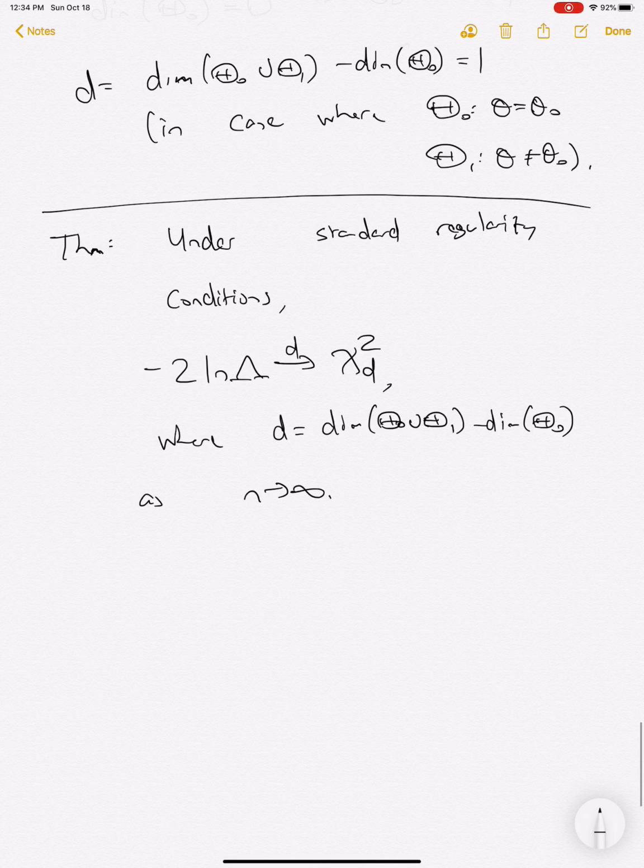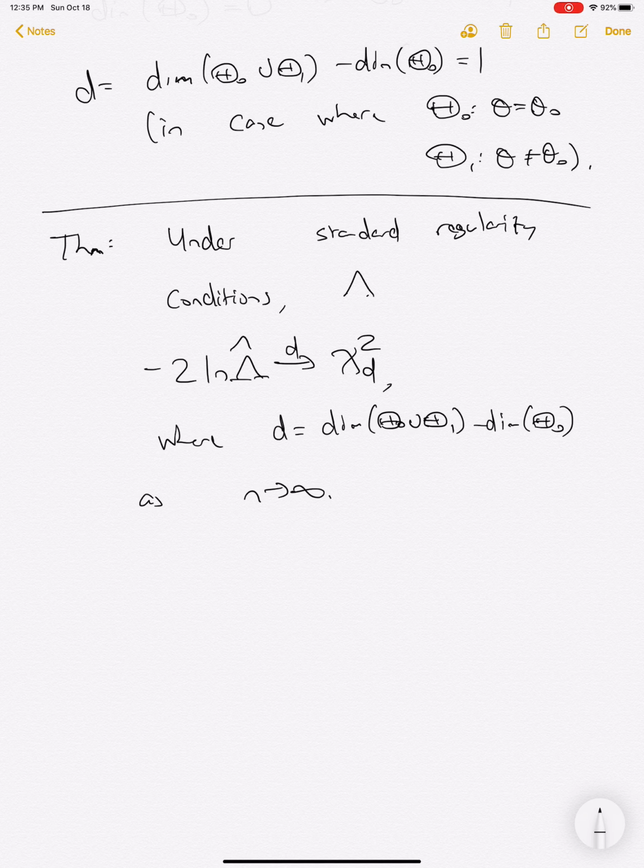Like all things, it's very hard to find a closed form for the distribution for finite n, but we're able to do this as n goes to infinity. And this result is very useful.